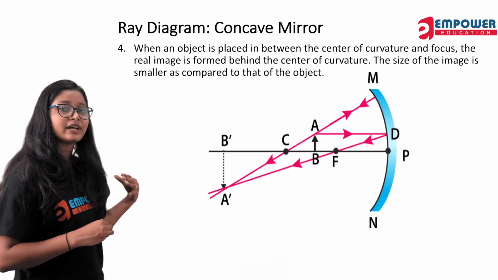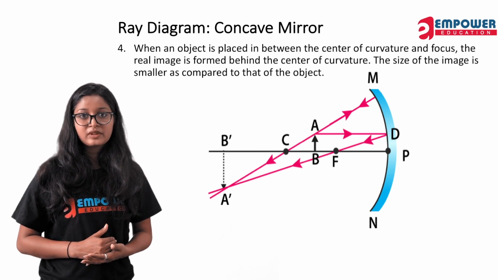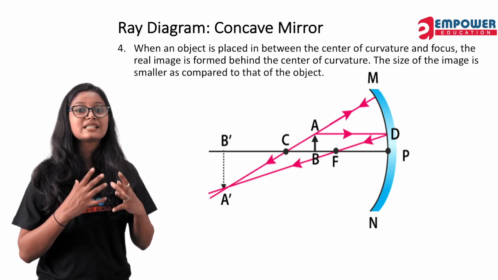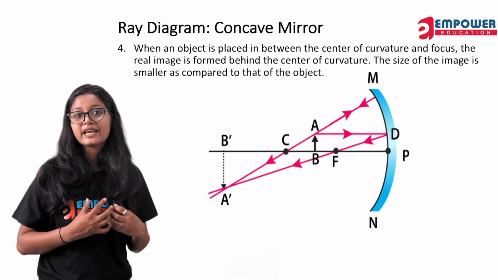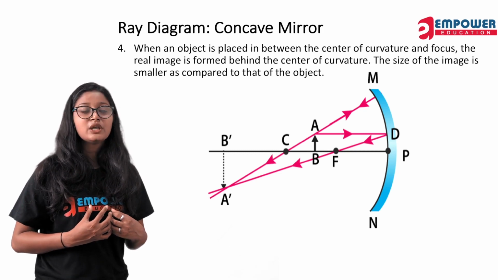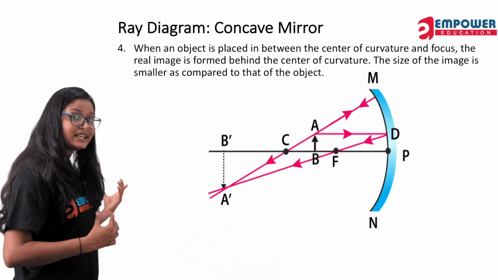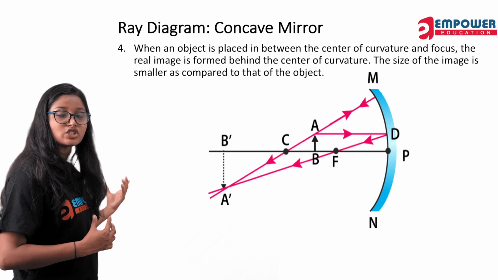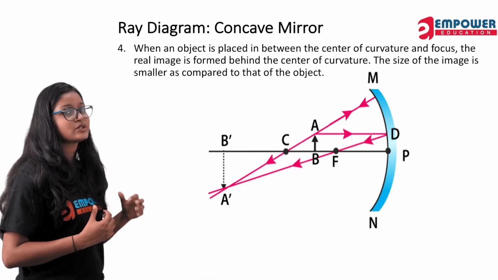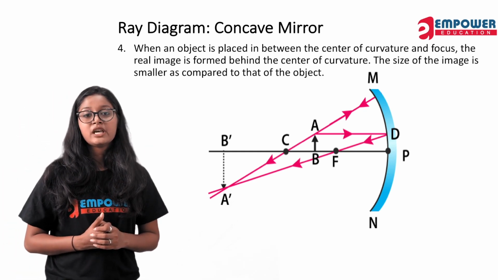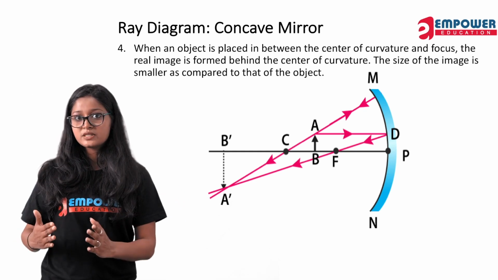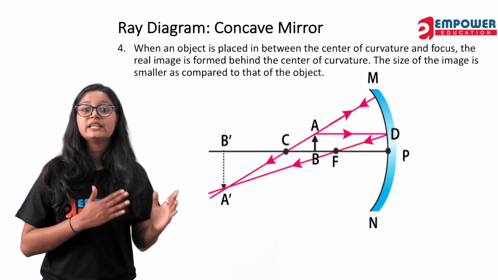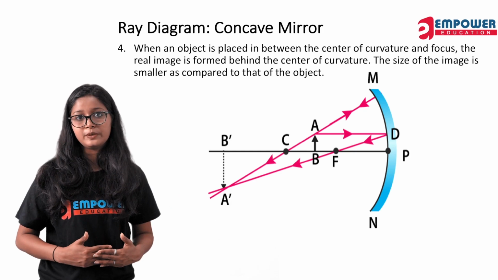Now in this ray diagram, you can see that the image formed is slightly bigger than the size of the object. So for different ray diagrams, you have come to know that the image formation is different.